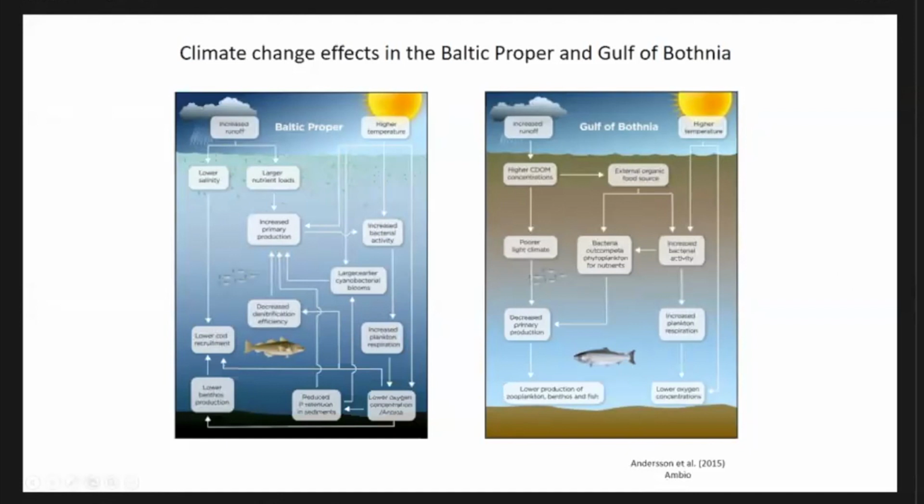So we will get higher colored dissolved organic matter in the water. It's not really toxic itself, but it deteriorates the quality of the water, I would say, because it will make a poorer light climate and decrease primary production and so on. While the heterotrophic bacteria may actually increase their activity.